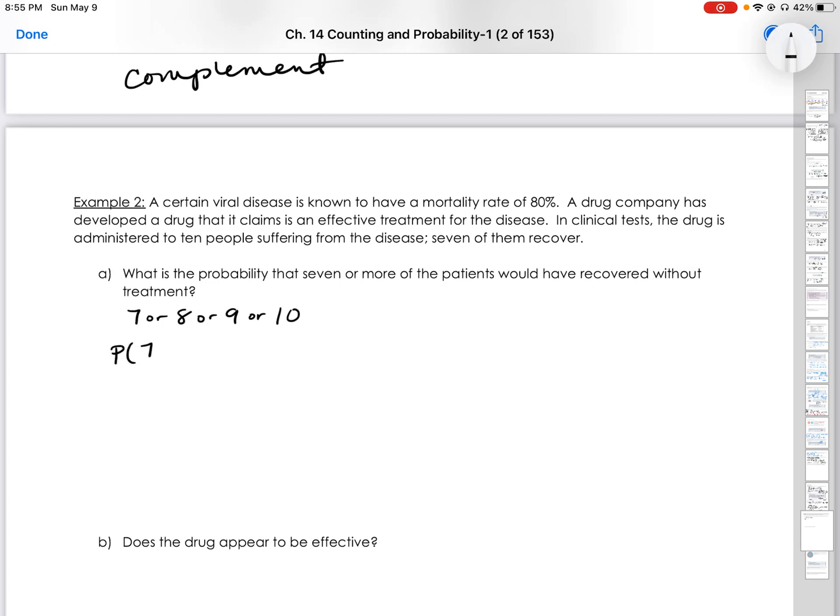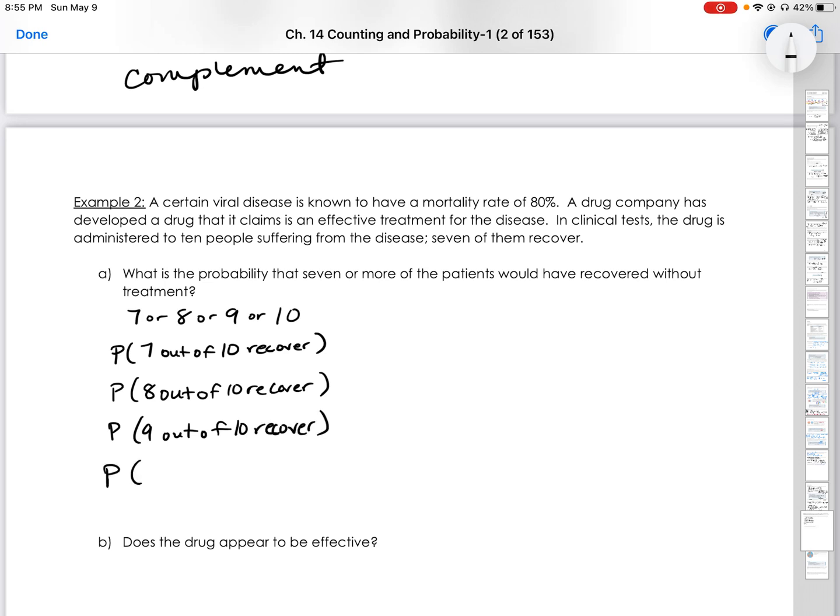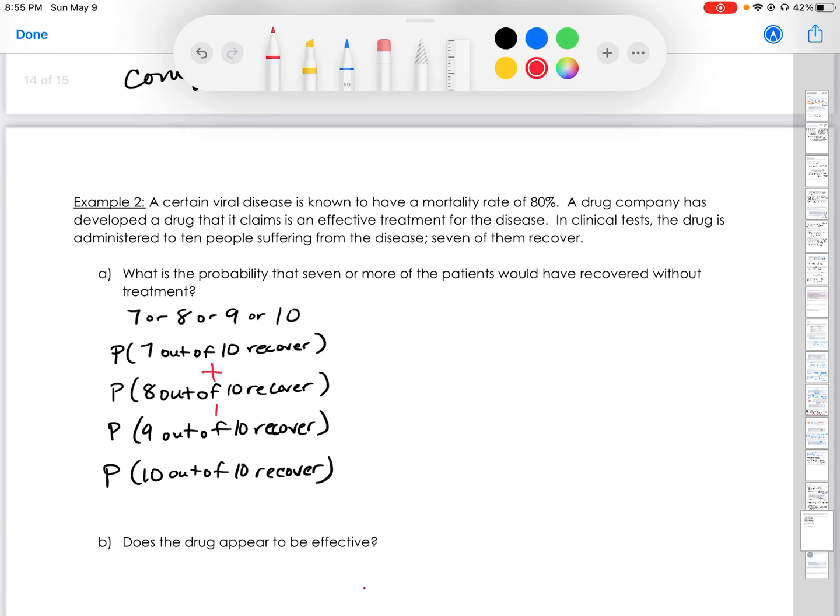So the probability that 7 out of 10 recover, the probability that 8 out of 10 recover, the probability that 9 out of 10 recover, and 10 out of 10, which means all of them recover. And whatever we get for these, we're going to just add all of them together. That should equal our answer.